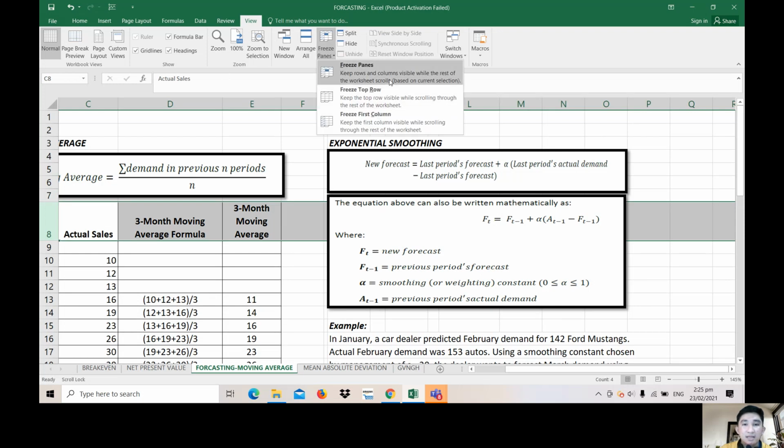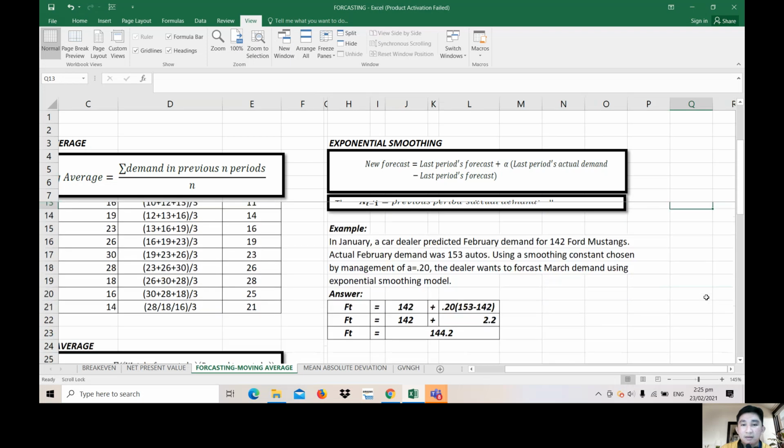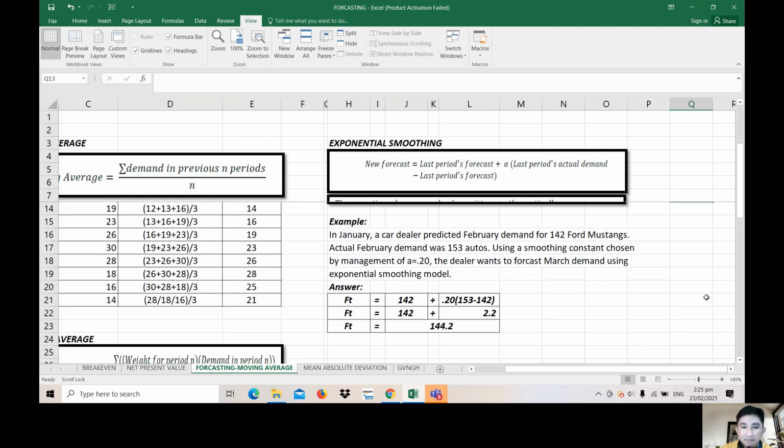Let's freeze this so you can see the formula. Example: in January, a car dealer predicted February demand for 142 Ford Mustangs. Okay, that's the prediction, the forecast. The actual February demand was 153 autos.